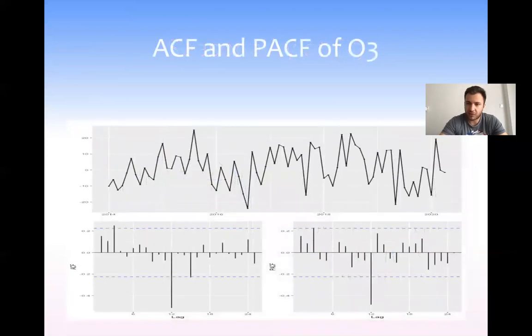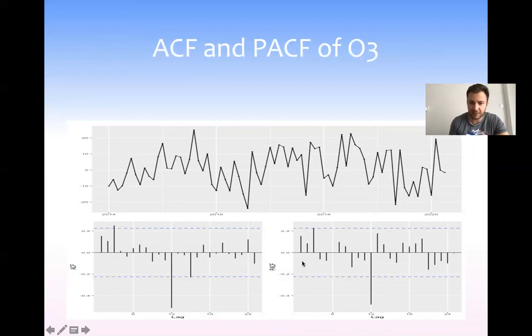And once we are sure we have trend and seasonality, we start producing the ACF and PACF graphs of the ozone level to understand the autocorrelation. For ACF, you see there is a lag at 12, also at 4, and after 12 there is another lag at 15.